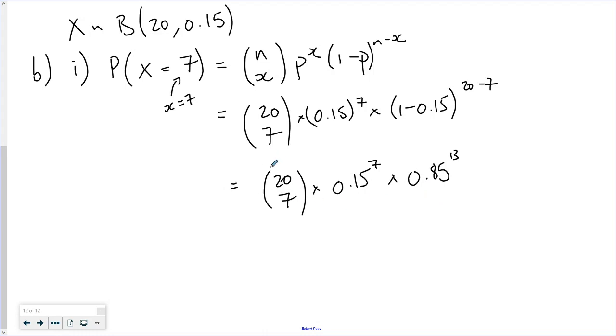And this choose function at the start tells us how many different ways there are of choosing 7 people who are going to be left-handed out of the 20. And we can work out what that probability is: 0.0160 to 3 sig fig.